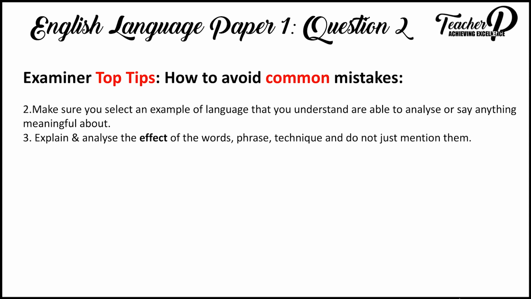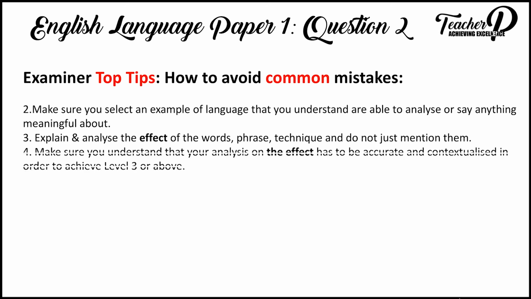You also need to remember that you get marks for being able to explain and analyse the effects of words, phrases and techniques, and therefore you do not get marks for just mentioning the pathetic fallacy or the simile. You must explain the effect of that particular word or the short quote or the method the writer has used, and in particular you need to link it back to the reader.